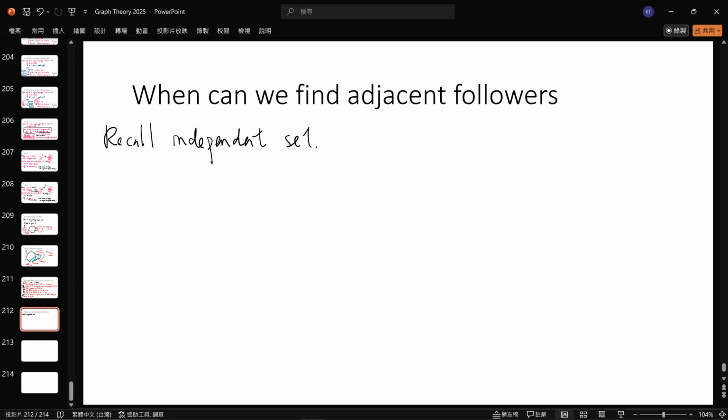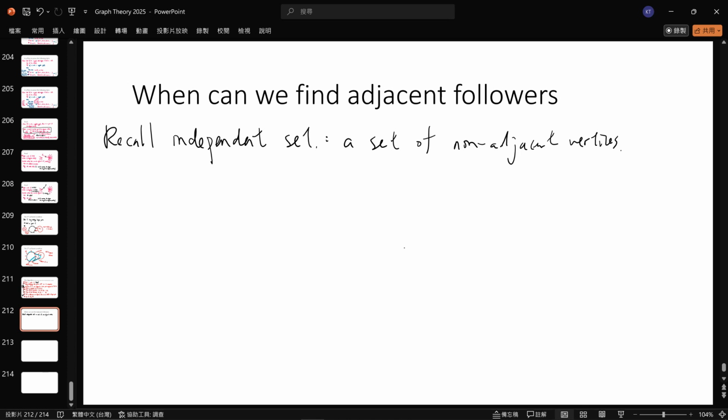An independent set is a set of vertices such that these vertices are not adjacent. So why do we need to consider independent set for this problem?